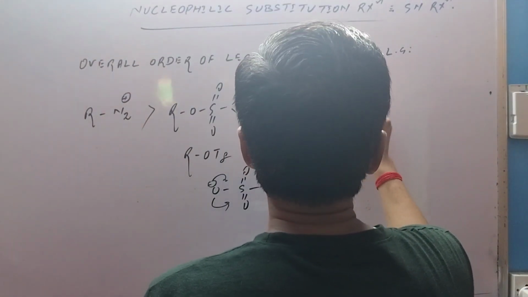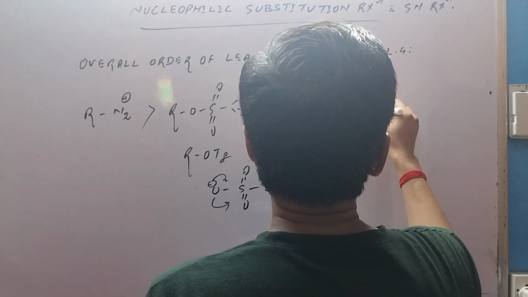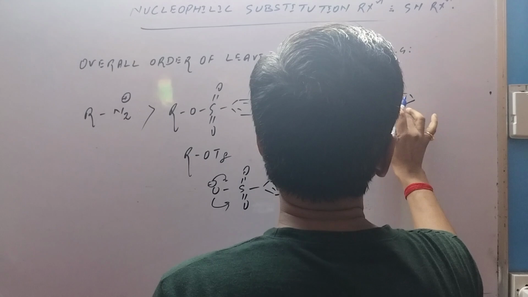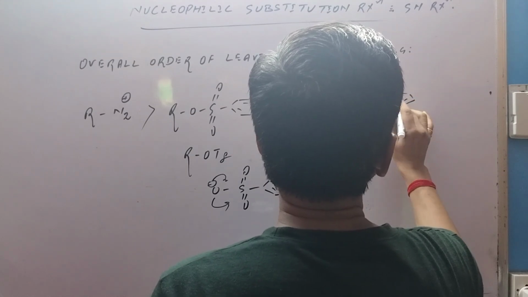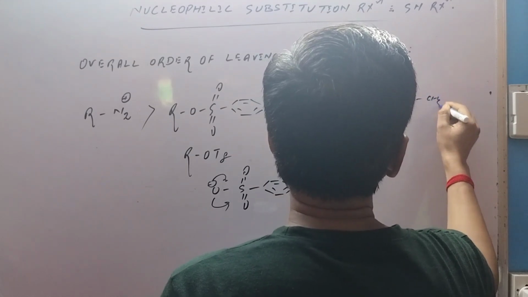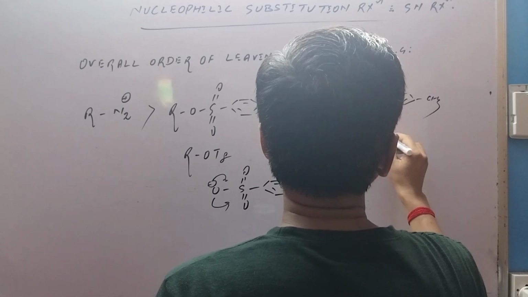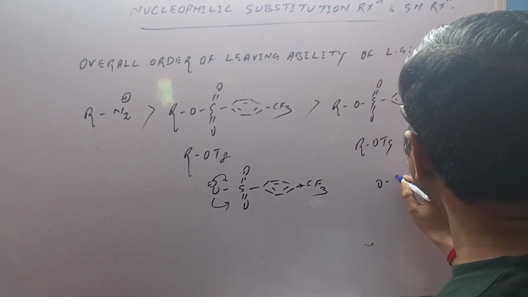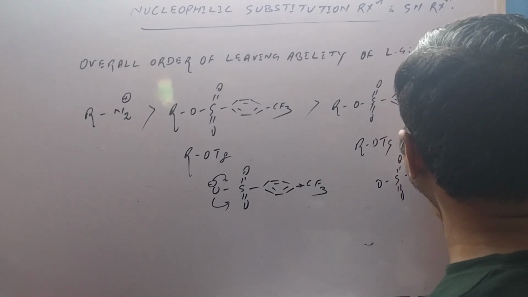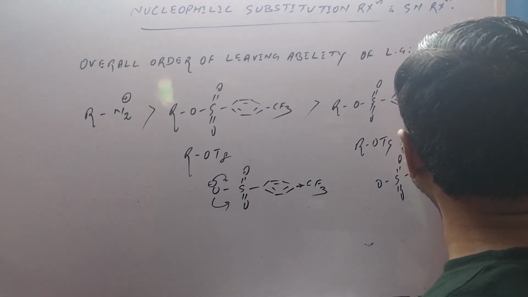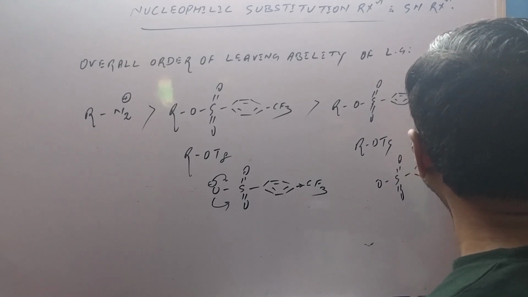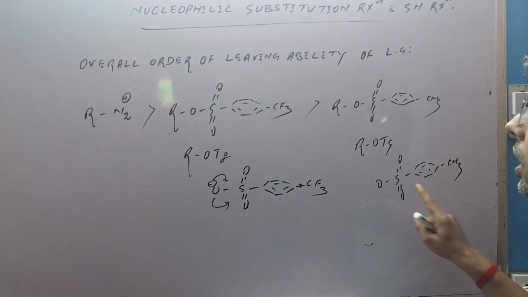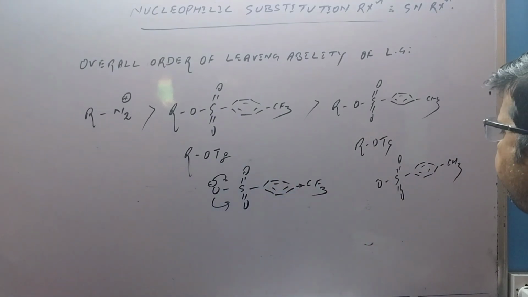Now after that, alkyl tosylate. Tosylate is the p-toluene sulfonyl group, and it is represented as ROTs. See, tosylate anion is also stabilized via cross conjugation with S double bond O, and somewhat with the ring. But the stabilization is much less than that of triflate.